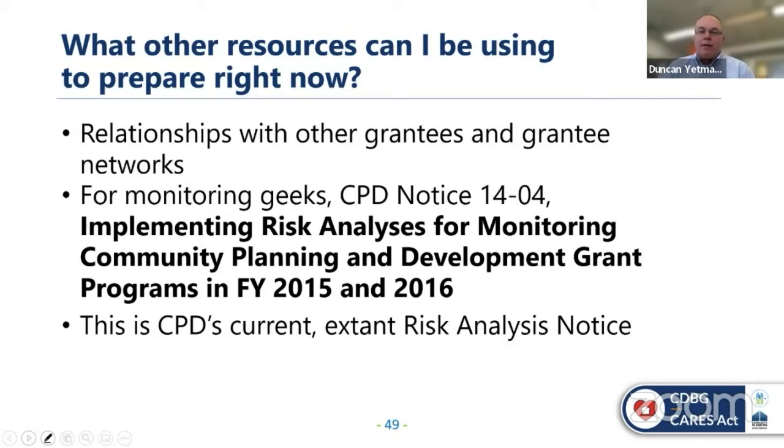And so he was looking for a copy of that map because he didn't have it. Luckily, I had it. It was in my environmental review file. But that kind of sharing of information back and forth to making sure that your files are complete, that's always very helpful. So really lean into those grantee networks, formal and informal.